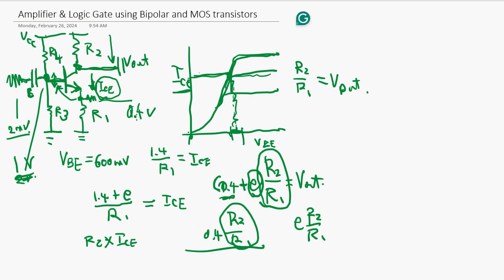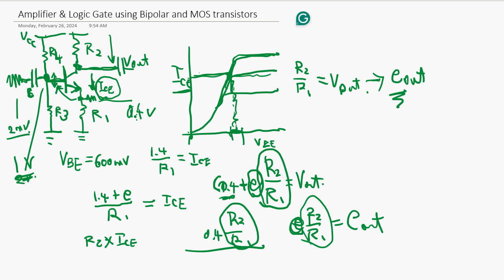And you put the capacitor here to extract only the AC component. So this is going to be the output, and this ratio determines the amplification in this configuration.